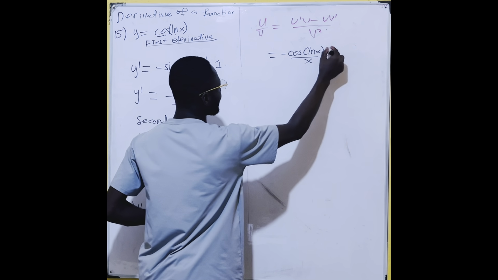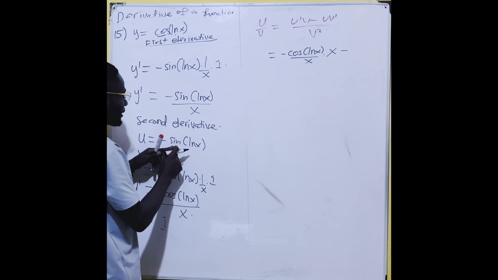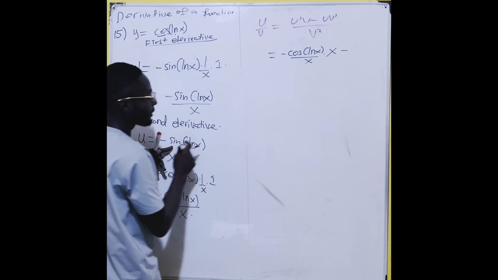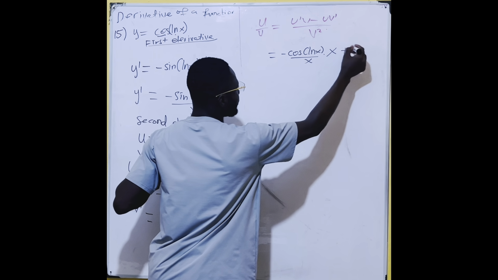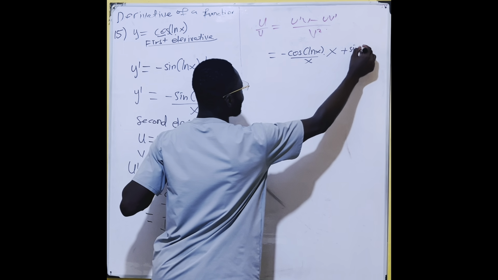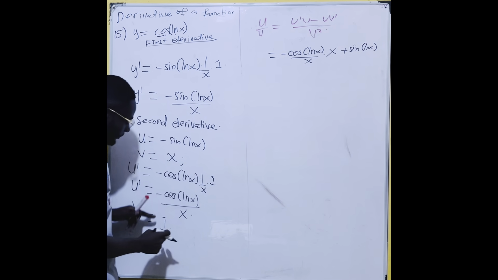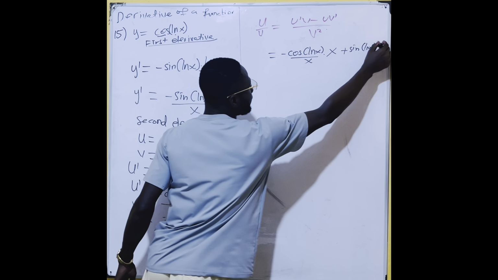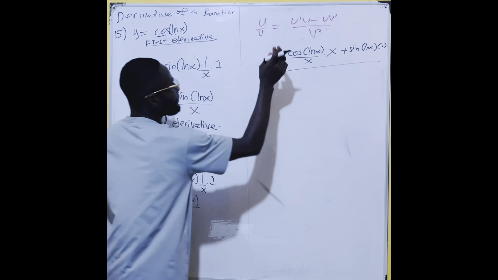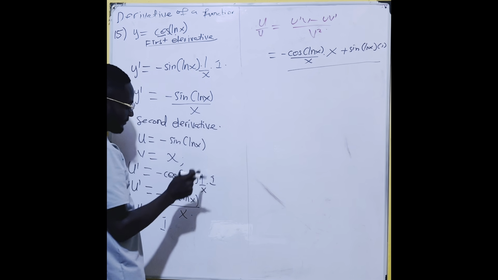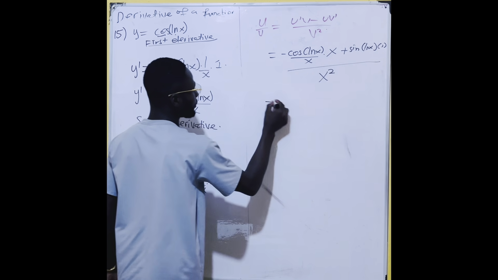So we have times x minus our u, which is negative sine of ln x, so negative negative is going to be plus. So we have plus sine of ln x, and our v prime is 1, divided by v squared, and v here is x, so we have x squared.